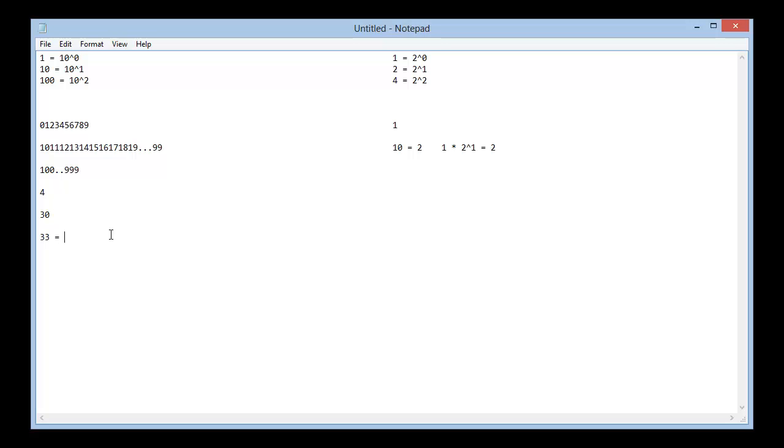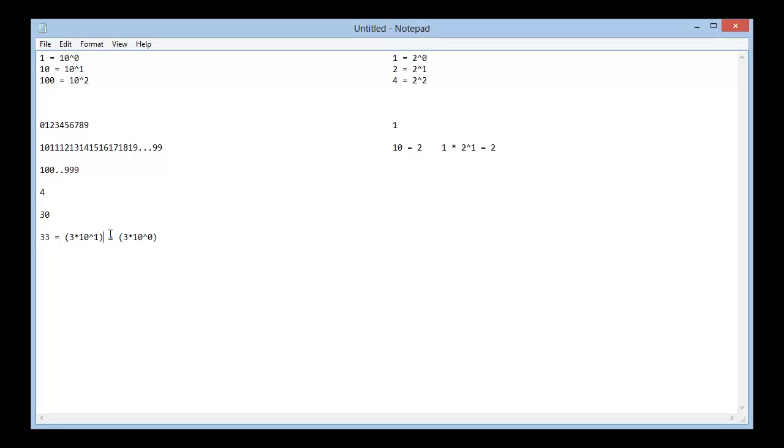This is the equivalent to saying 3, and I'm actually going to put this in parentheses, 3 times 10 to the second, so 10 squared, plus 3 times 10 to the first, 10 to the 0. And this is not 10 to the second, this is 10 to the first.